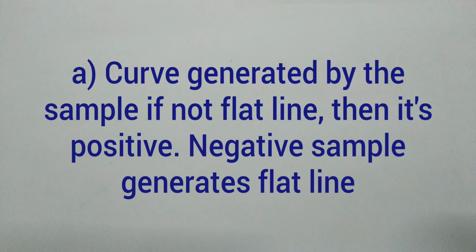The samples which are negative give a flat line, and the samples that are positive, that means the samples containing the RNA of that particular virus, will be amplified and the curve will go up. So a curve that is not flat and goes upward is positive.